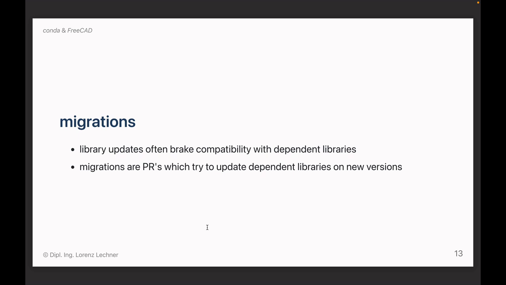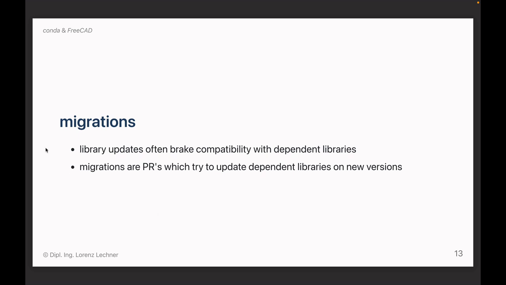And this is only done when the library is updated in a way that is not compatible with dependent libraries. Migrations are basically pull requests done via bot, as I said. And these pull requests try to update the dependent libraries to the new version of the library which is updated.